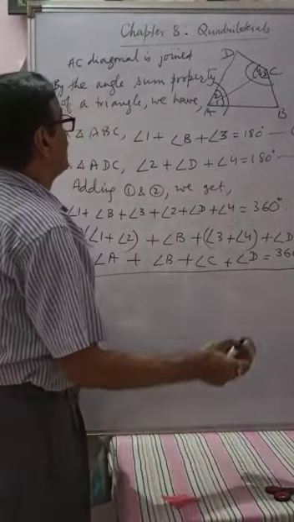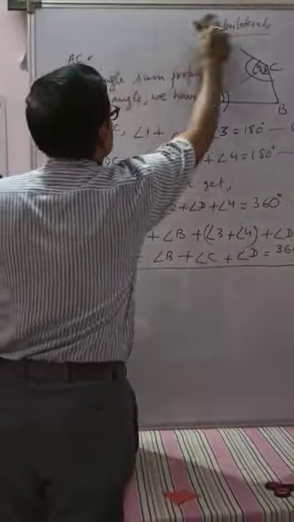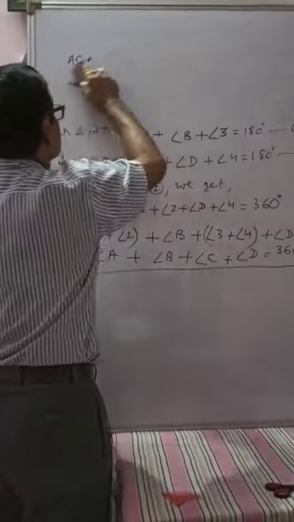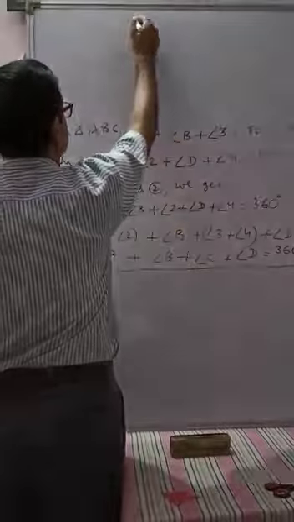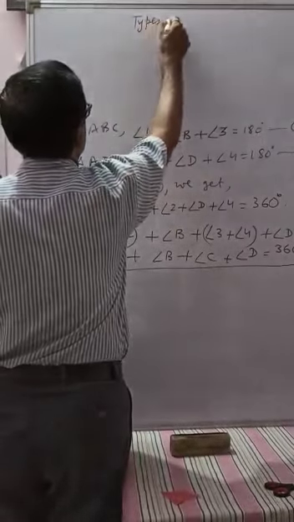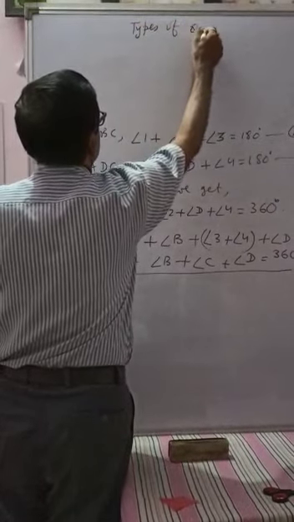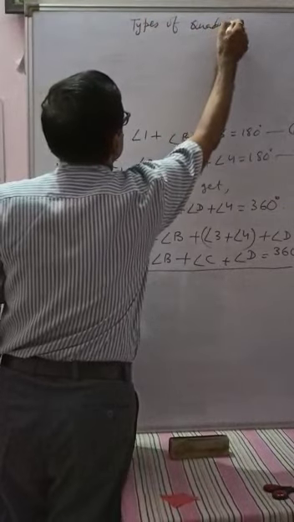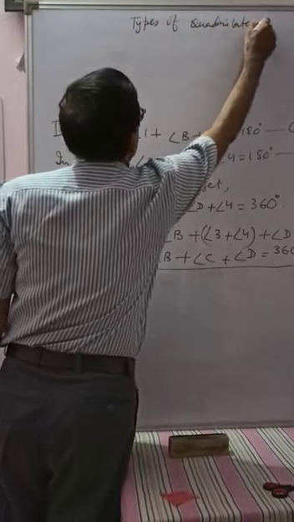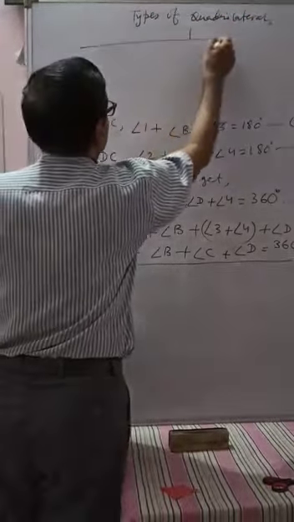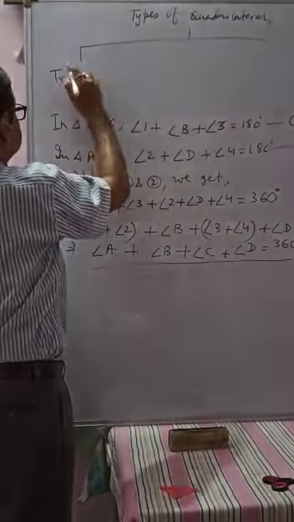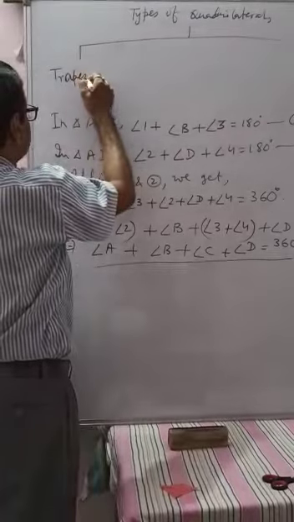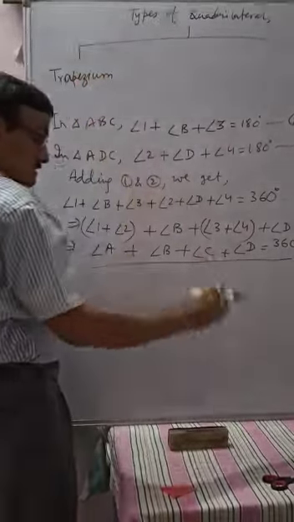Now we have to see what are the types of quadrilateral, how many types of quadrilaterals are there. So types of quadrilaterals. Now the first type is known as trapezium. What is that?